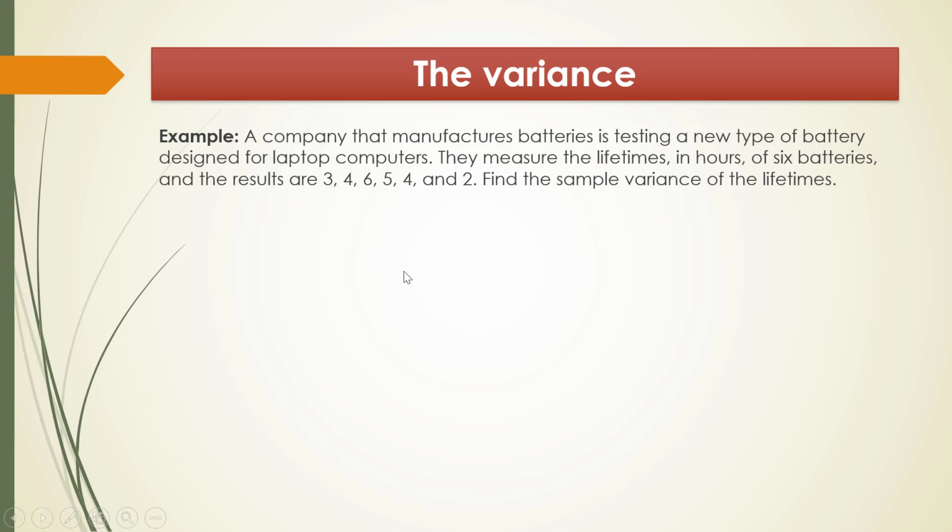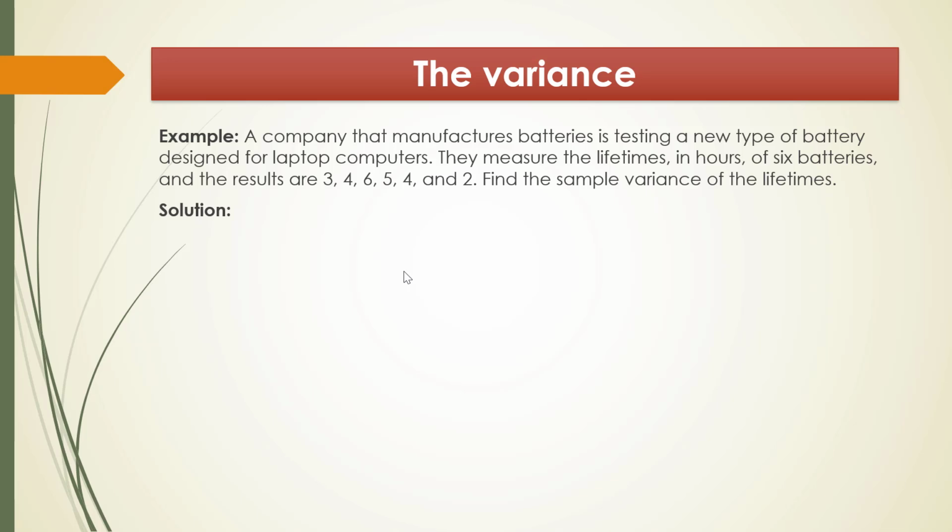However, you need to use common sense in this situation. Here they measure the lifetimes in hours of six batteries. Six batteries cannot be a population because they don't represent all batteries. So the six batteries here are just a sample. That means this question is asking for sample variance.